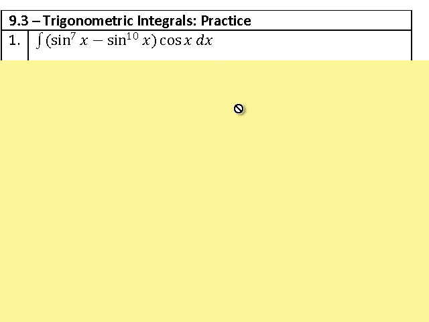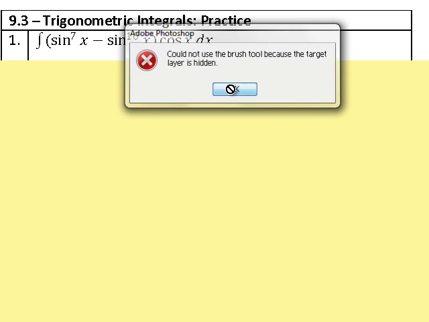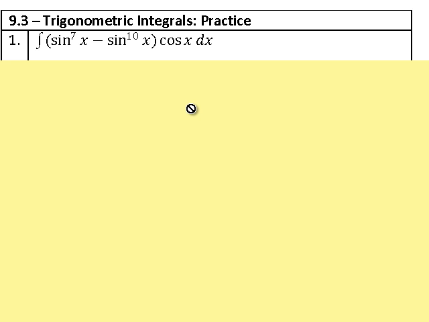So in number 1, we have cosine x next to the dx, and here we have sines. This is a simple u substitution: if we put u equal to sine x, then du is right here.